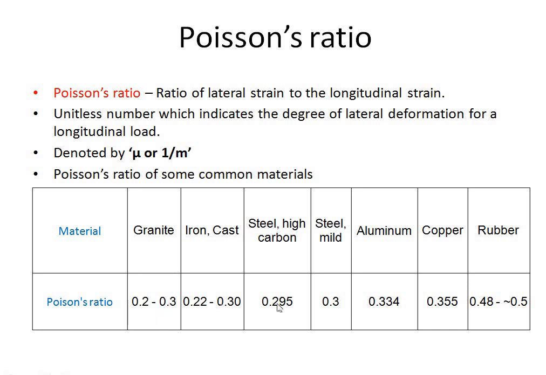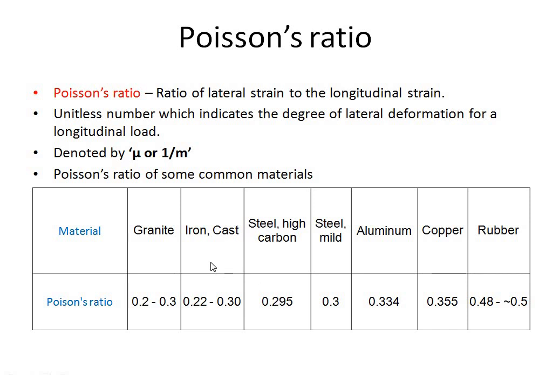When you move towards the right of the table, it has moved from 0.2 to 0.3, right? And it is much more ductile than granite, right? So here the value has increased from 0.2 to 0.3. Still, cast iron is much more brittle than other types of iron, right?